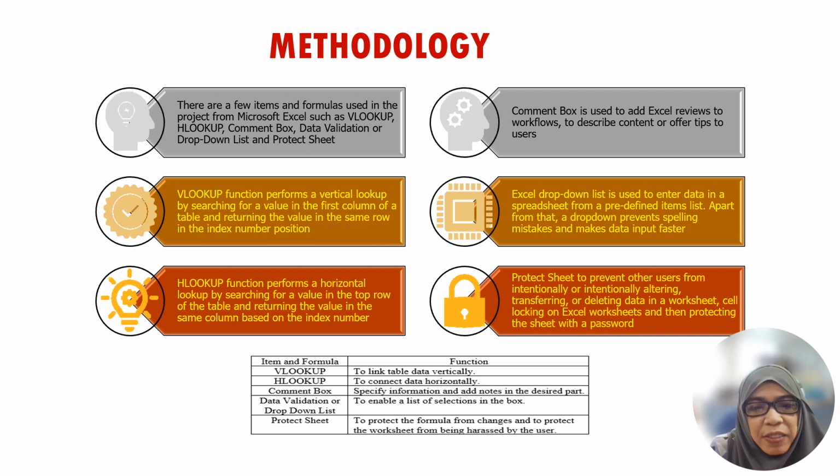There are a few steps in the methodology, which include a few items and formulas used in the project from Microsoft Excel, such as VLOOKUP, HLOOKUP, comment box, data validation or drop-down list, and protect sheet. The VLOOKUP function performs a vertical lookup by searching for a value in the first column of a table and returning the value in the same row at the index number position.